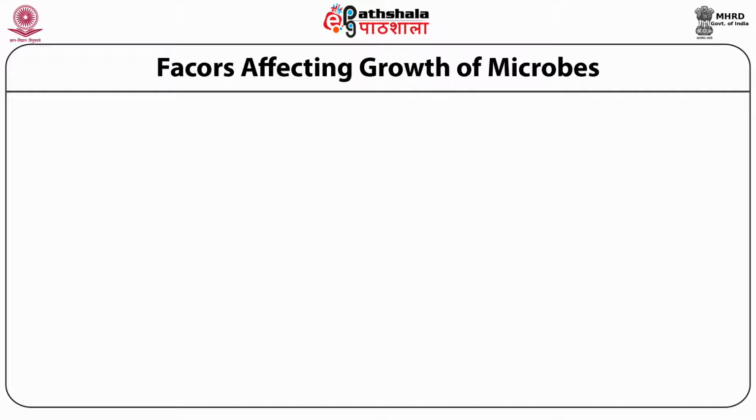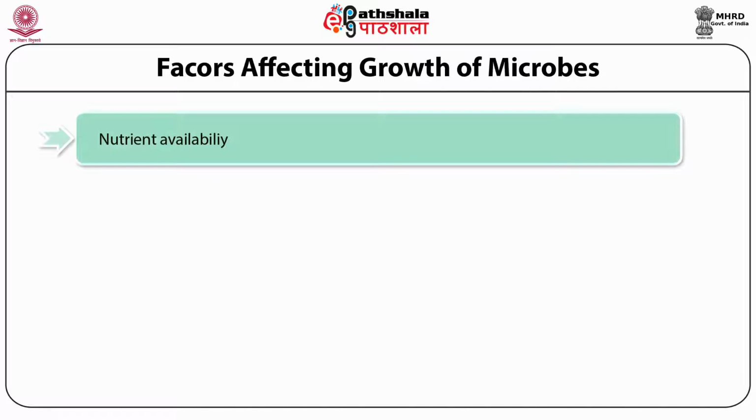So what are the factors which affect the growth of microbes in the body? The first is nutrient availability. Microbes require nutrients for their growth. They require a carbon source, nitrogen source, phosphorus source, and sulfur source. They require some nutrients in large quantity, known as major nutrients, and some in very small quantity, known as micronutrients.